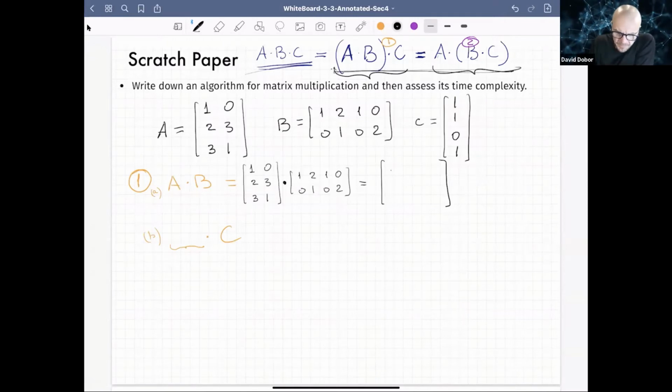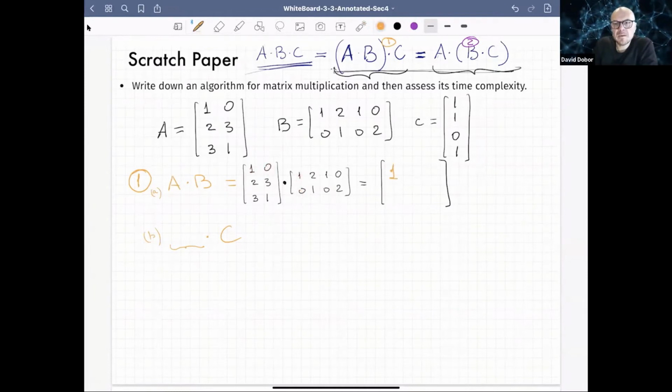Please, let's do it together. So I'm going to have 12 entries. Each of these rows will have 4 entries. What's this first entry here? It's going to be 1 times 1 plus 0 times 0. Agreed? So it's going to be 1.